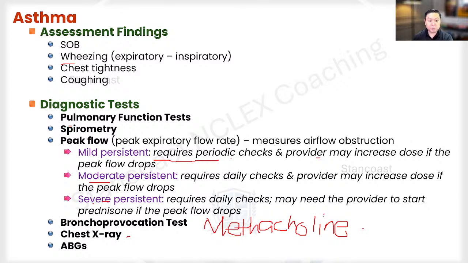Now, the arterial blood gases would also be helpful in the diagnosis of asthma. Of course, when you are looking into the results, there will be a drop in the oxygen level. Why? There is no proper exchange of gases because of the narrowing of the airways.